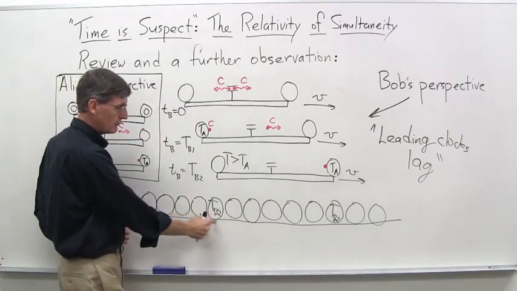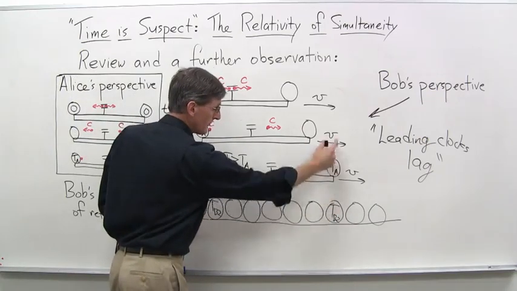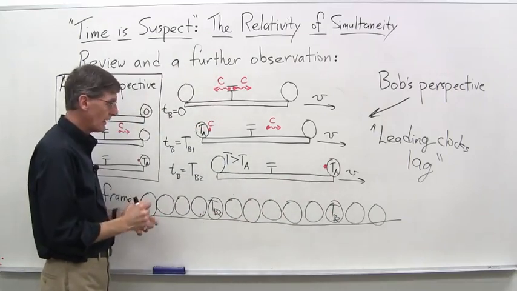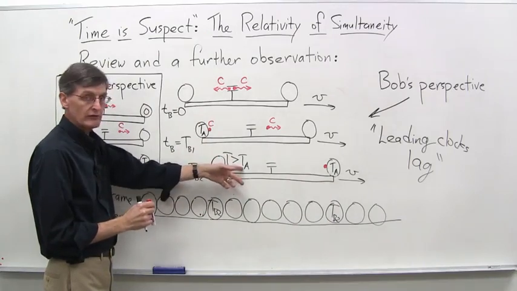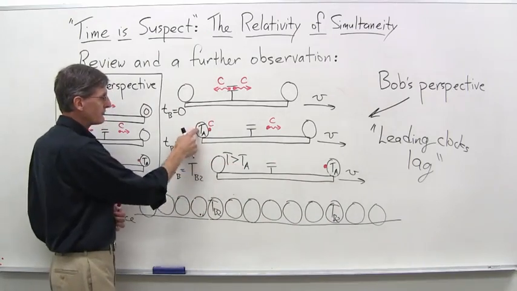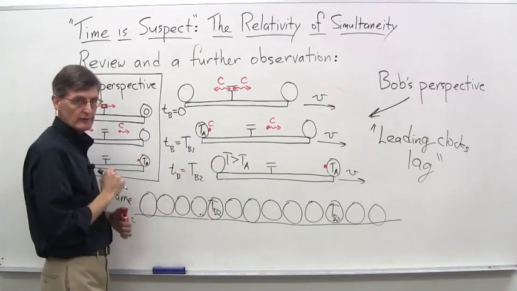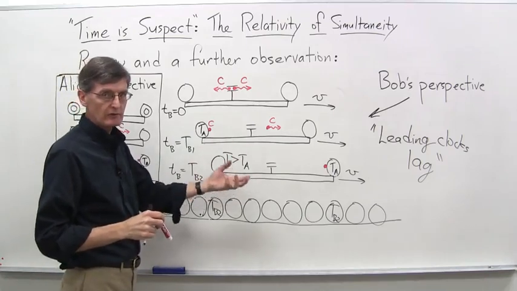His clock would read TB2. He'd take the flash photo at the same time as far as he's concerned. He'd read TB2 here. He'd see Alice's clock read T sub A, but he'd see this clock of Alice's reading a time greater than T sub A because this clock passed T sub A earlier when that light pulse hit. And so again, leading clocks lag.